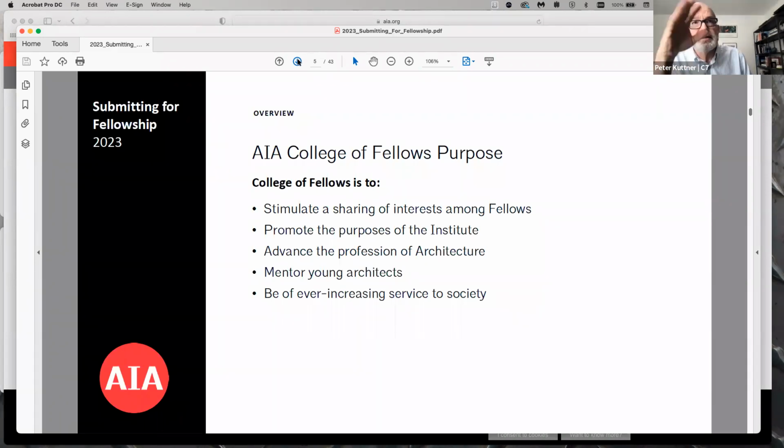We raise money and give grants within the AIA, the Upjohn grants, which are smaller research grants, and the Latrobe grant, which is a fair amount of money, a couple hundred thousand dollars over two years. And we have several programs for young architects. We created the Young Architects Forum, an organization where young architects could network with each other.